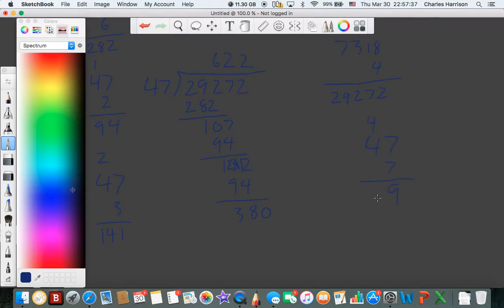This times this is 28. 28 plus 4 is 32. I bet it even goes more than that. Let's try 47 times 8. 4 times 8. This times this is 56. Carry the 5. This times this is 32. Plus 5 is 37. Yeah, that's about right. 37. There we go. And then, of course, we'll have a remainder of 4.